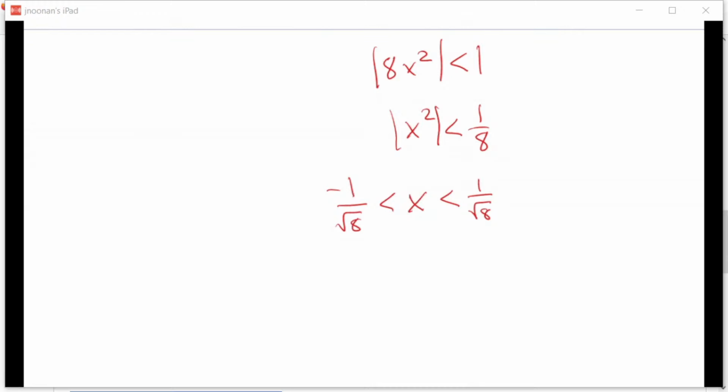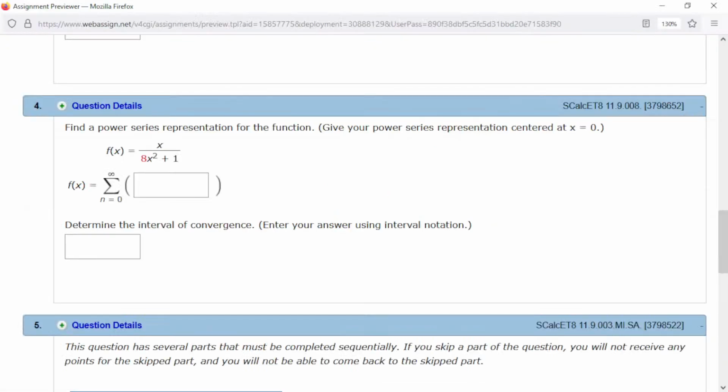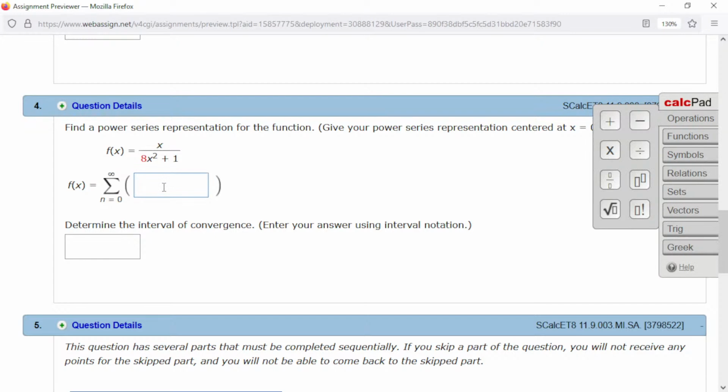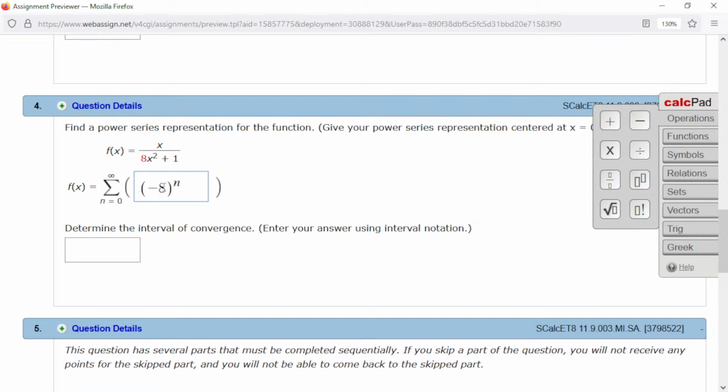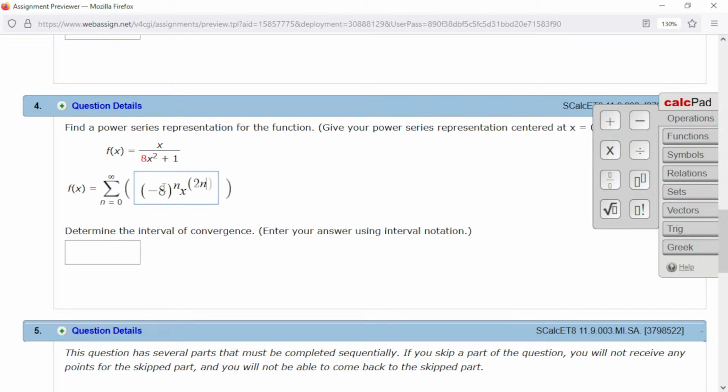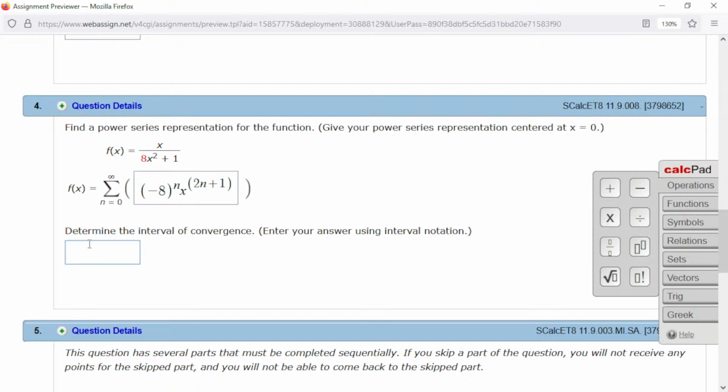Where's WebAssign? All right, I'm just going to copy this in just to see, because I like to see the little green check mark or whatever it is. There it is, negative 8 to the n times x to the 2n plus 1. Let's see, and then the interval as interval notation.